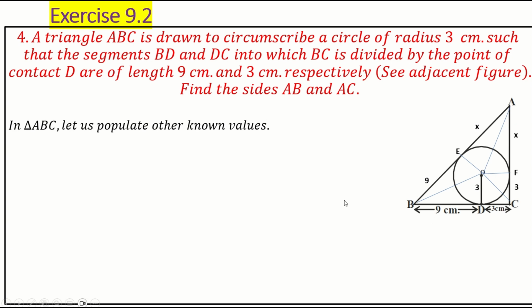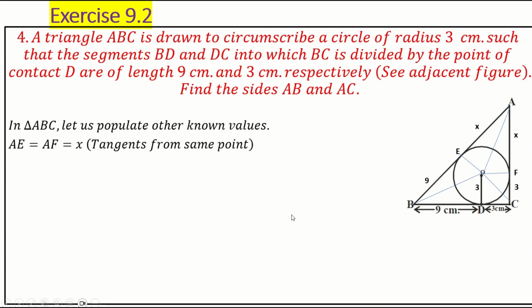Okay. So if you see, this is 9 centimeters, BE also will be 9 centimeters because it is a tangent from the same point. This will be 3 centimeters. These two will be X and X because they are tangents from A. Now these are the values we know. This is 3 centimeters given. So OF is also 3, OE also 3.